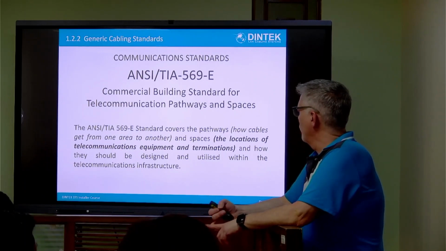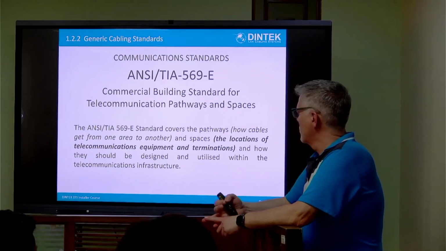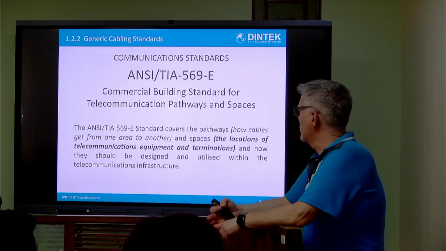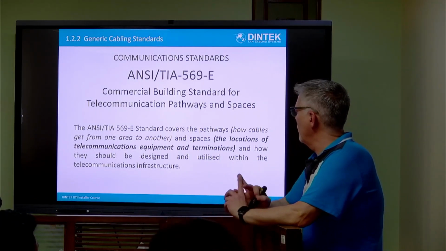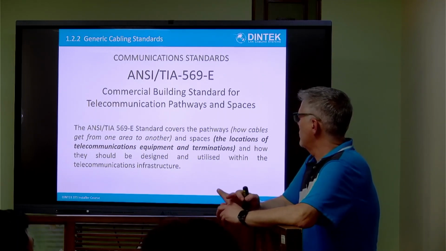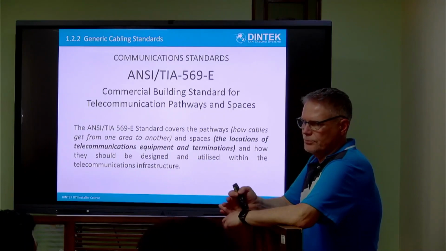Then we have something called the 569, still TIA. And 569 is in revision E now. That is for commercial building telecommunications pathways and spaces.